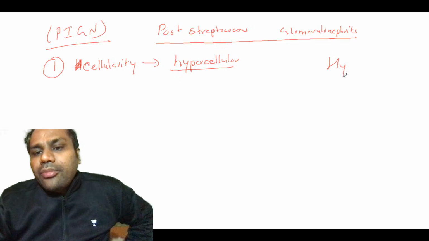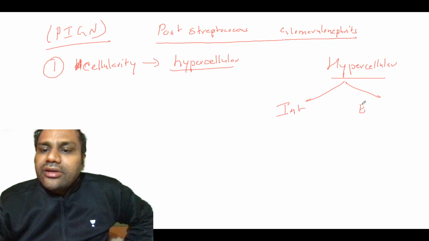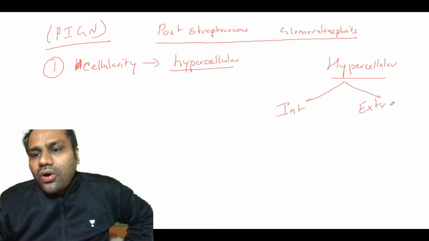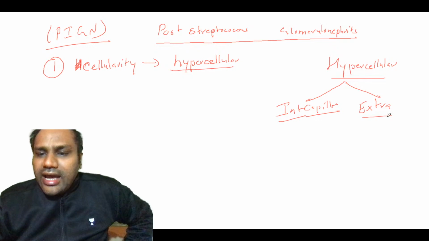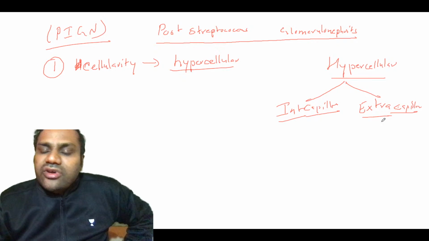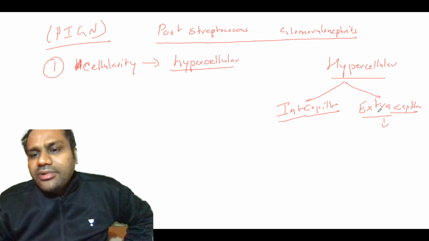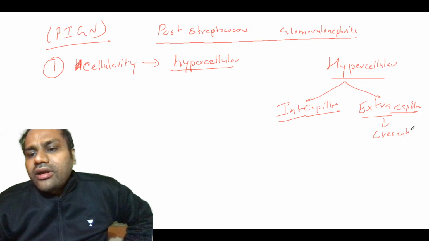Whenever we approach a glomerulus, we see the cellularity, and if it is hypercellular, we see whether it is intracapillary or extracapillary. Extracapillary means outside the capillary, and extracapillary can be crescentic glomerulonephritis.